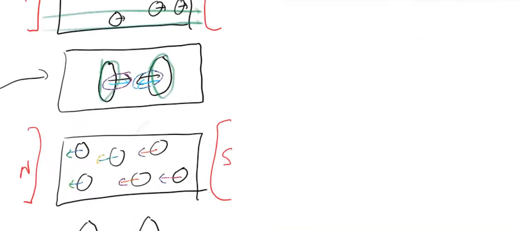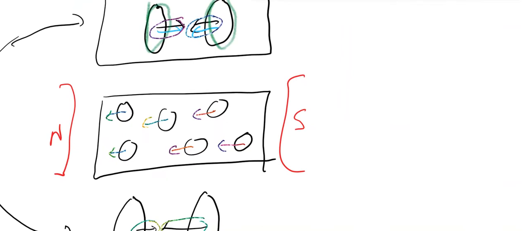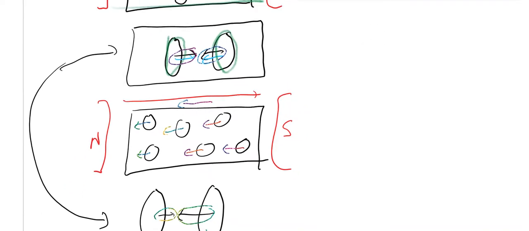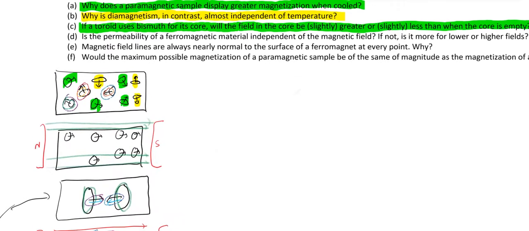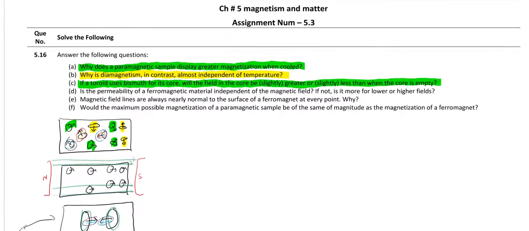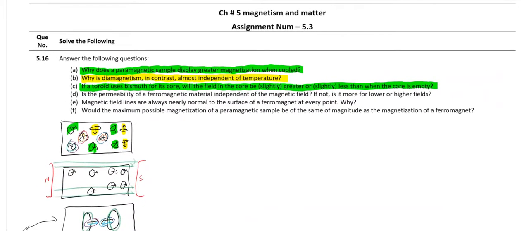When you subject it to an external magnetic field, the field induces a dipole moment, which gives rise to magnetization in the opposite direction, and hence the resultant magnetic field inside decreases. The magnetization is small, and hence the change in field is also small, but there will be a decrement in the field due to bismuth.